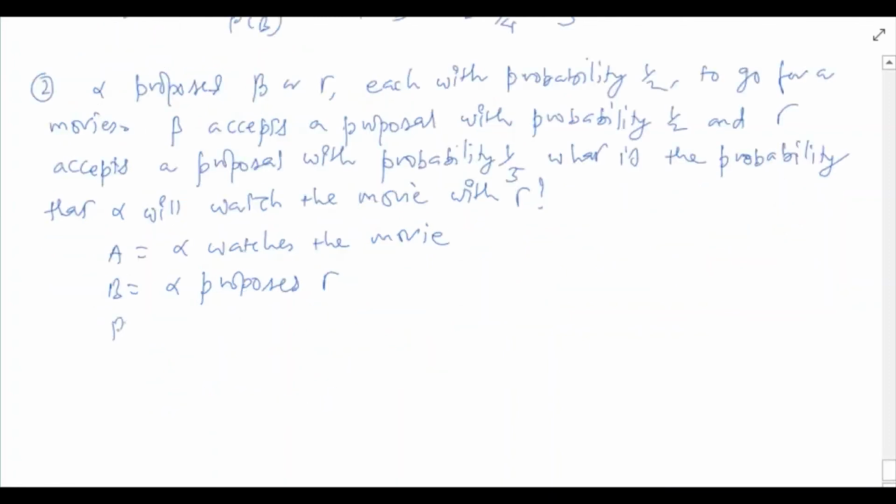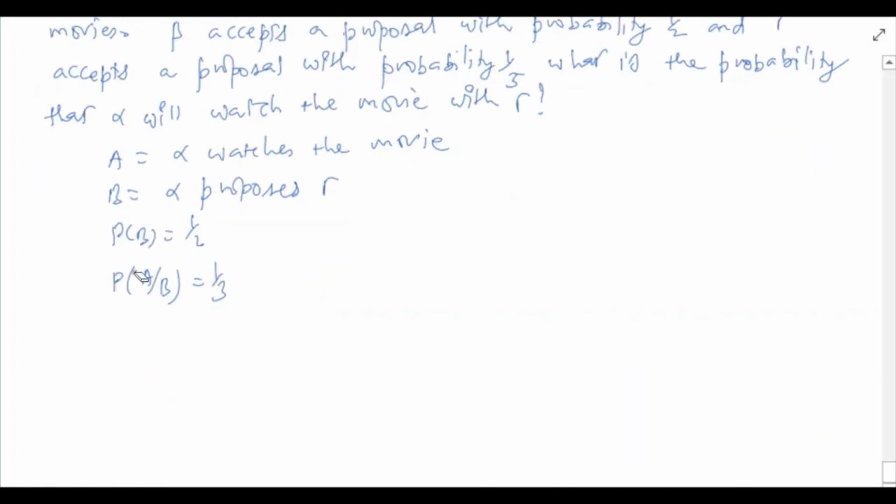Then probability of B is clearly half. Given that alpha proposes gamma, the conditional probability that A will watch movie with gamma is 1 by 3, because this is the probability with which gamma accepts the proposal. We are interested in probability of A intersection B, that is alpha proposes gamma and gamma accepts the proposal. So following chain rule, probability of A intersection B is probability of B times probability of A given B. So it is simply 1 by 2 into 1 by 3, which is 1 by 6.